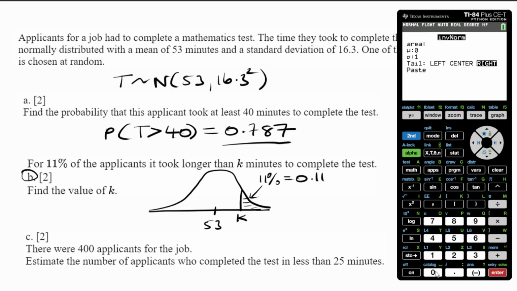Area 0.11, mean 53, standard deviation was 16.3. And we already had it on right, so it's definitely on right, because we've got the probability to the right of the point we're interested in. So we'll leave it on right. You have to go down and paste. Okay, so K is 72.9.